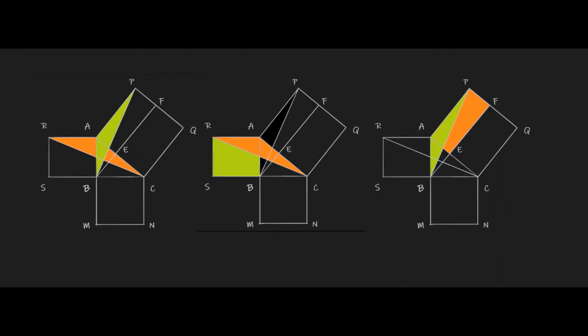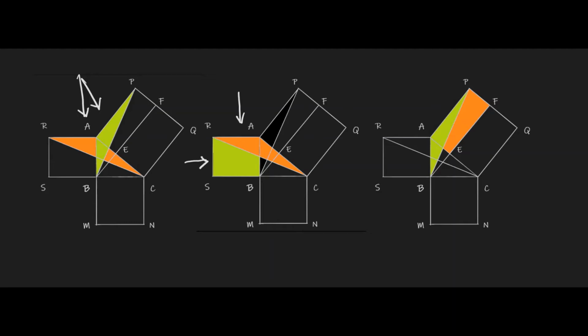So what have we done so far here? We have proved that the area of these two colored triangles are the same because both the triangles are congruent to each other. We have also proved that the area of this colored triangle is half the area of this colored square.